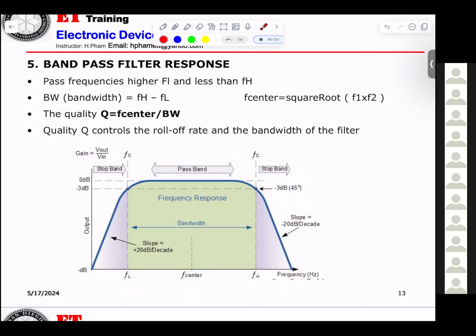A bandpass filter response? Perfect. The answer will be, this is the output of the bandpass filter, or bandpass filter response. Yeah, perfect answer. That's the only thing they want.